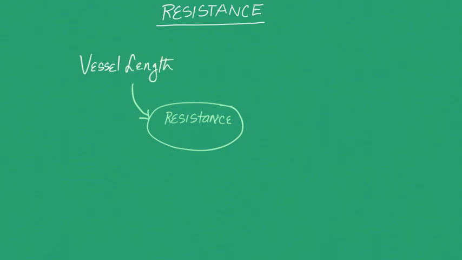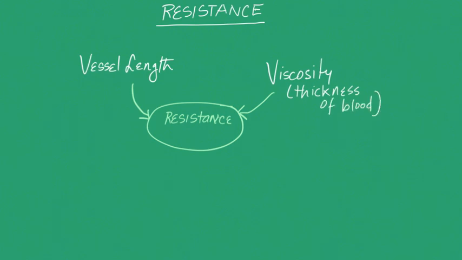So when vessel length increases, which happens when someone gains weight, the resistance increases as well. Viscosity, when that increases, it increases resistance. This is because viscosity means thickness. If the blood becomes thicker because it has more red blood cells or platelets, it can increase resistance.